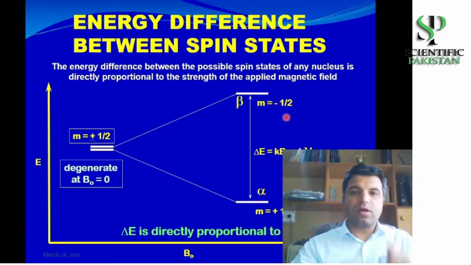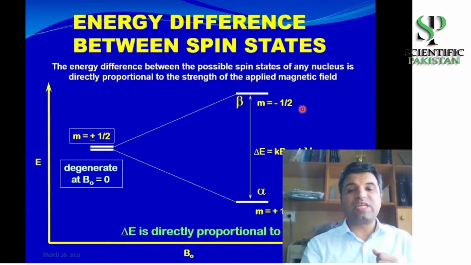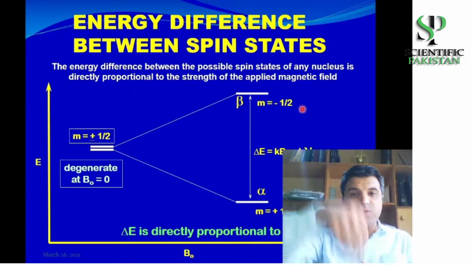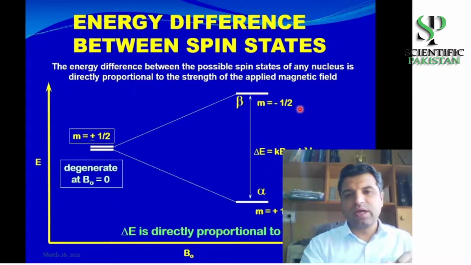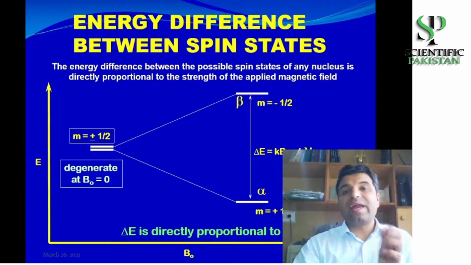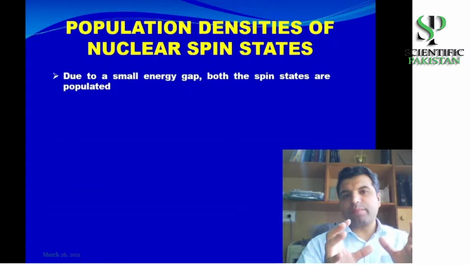You struggle to swim against the flow, and that takes a lot of energy. And that is why, in the minus half spin state, the nuclei are aligned against the direction of the applied magnetic field. That means it's a higher energy state, and that is why it is written here. And in the plus half state, they are aligned along the direction of the applied magnetic field, so that is a lower energy spin state.